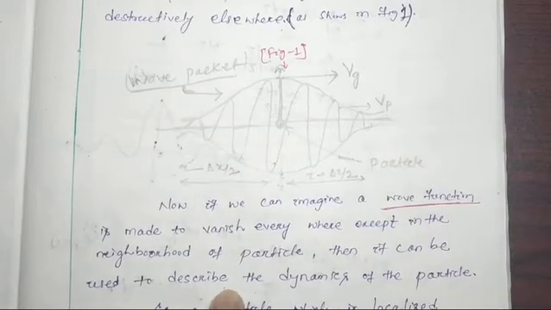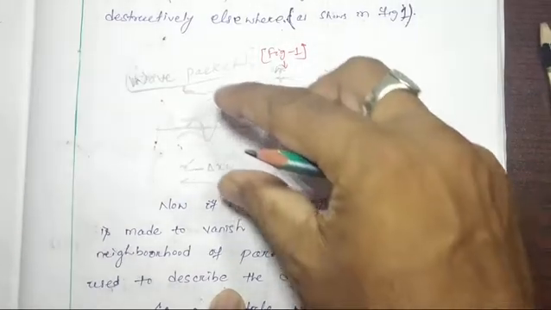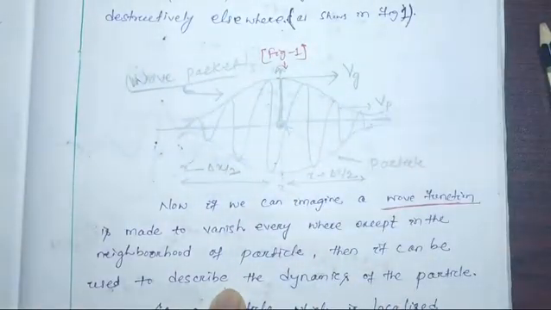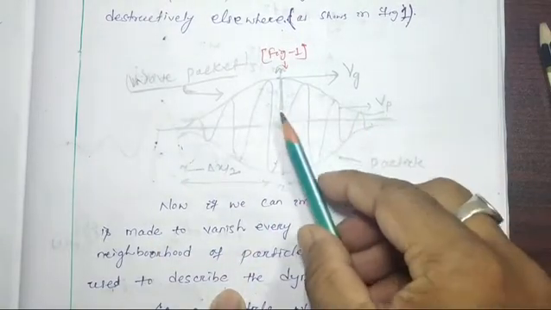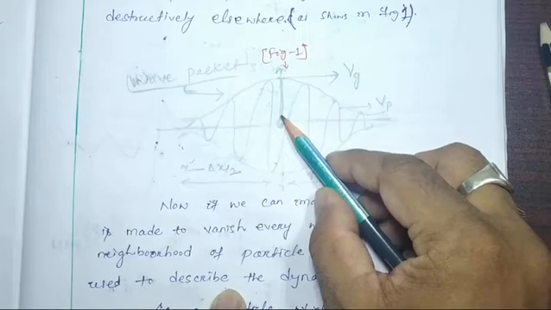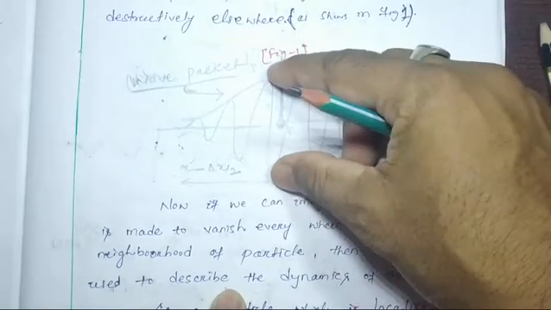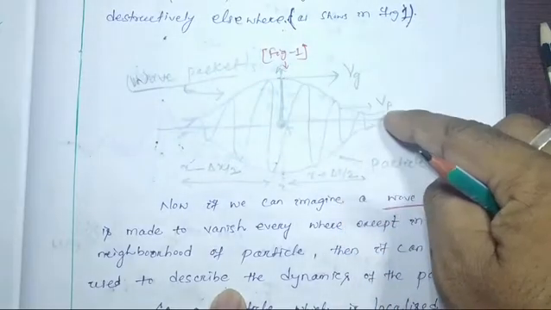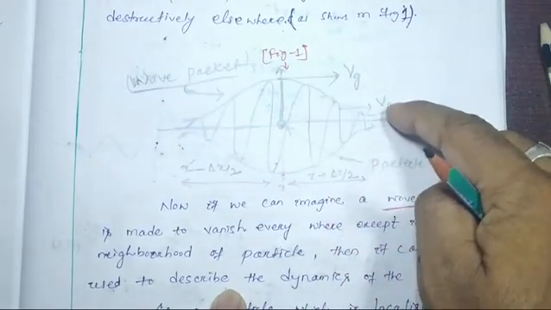Here I told you that this figure or geometry arises due to the superposition of waves, right? So suppose one particle is present here, and the wave function amplitude is maximum here, and it gradually decreases and vanishes here.